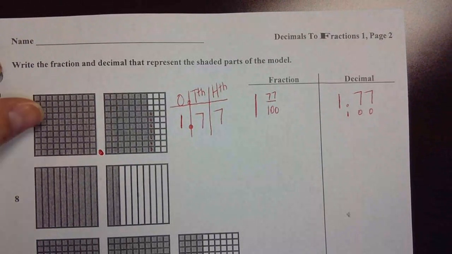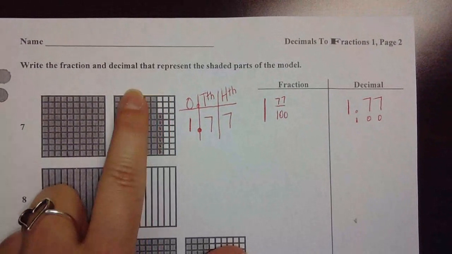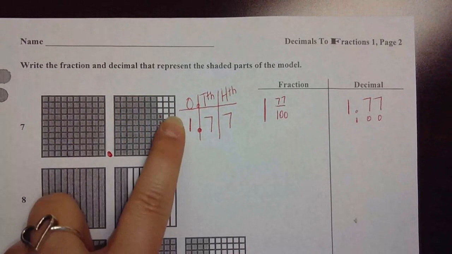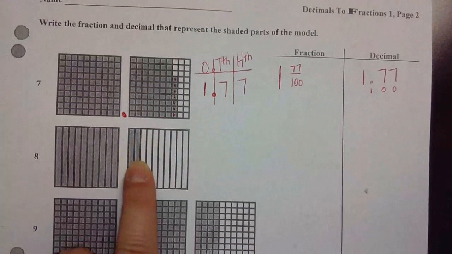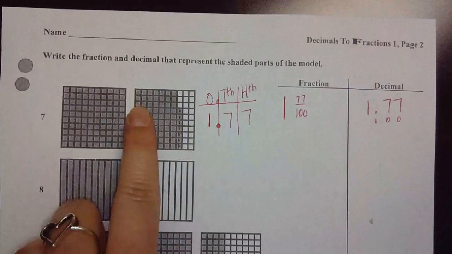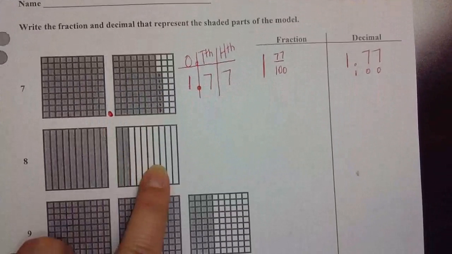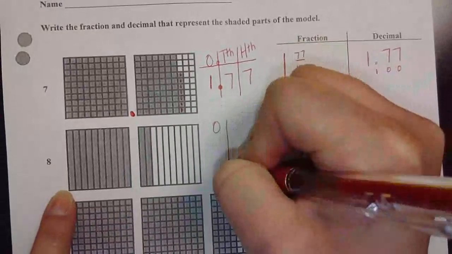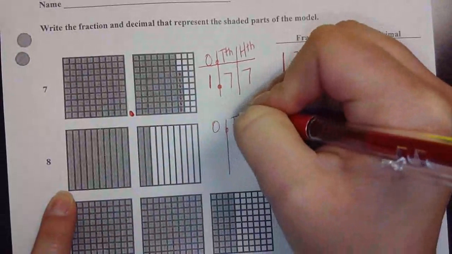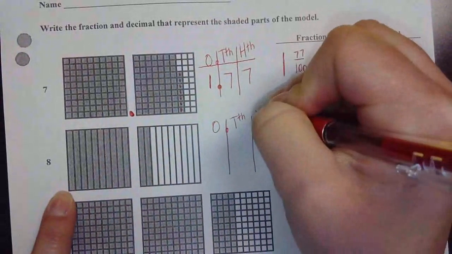Let's do another. Notice how this is out of 100. My whole is out of 100. What is my whole out of here? Oh, there's only 10 parts of this whole. So these would represent hundredths. This would represent tenths. So here I have my ones place, tenths, hundredths.